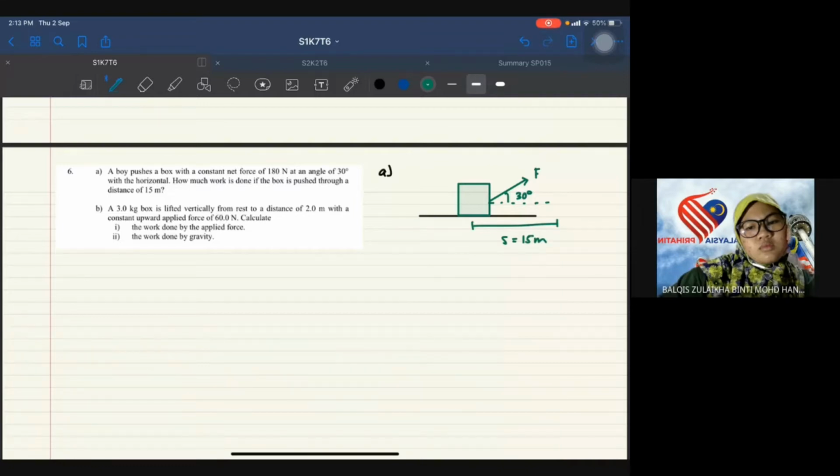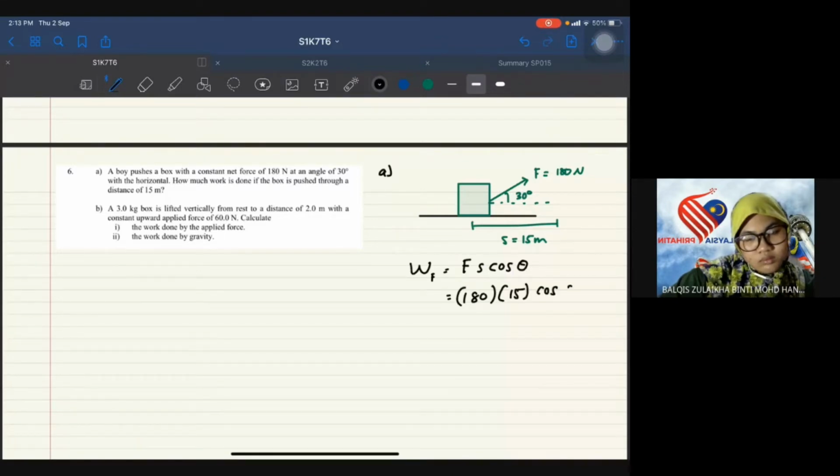I think this one is straightforward because they give you the F and ask you to calculate the work done by F itself. So work done by F equals F S cos theta. You just have to substitute all the values: 180, 15, cos 30 degrees.